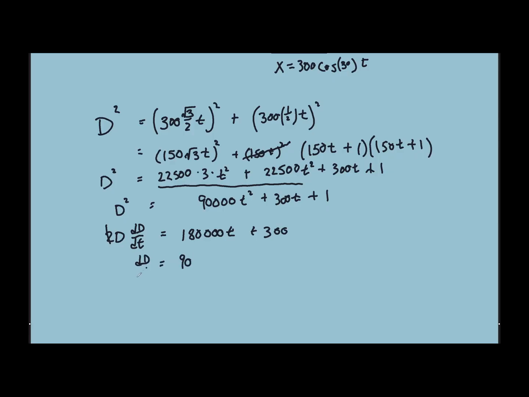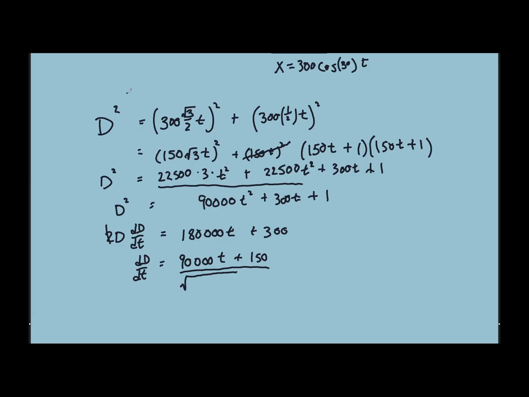dd dt, I'll just write it here, is 90,000 t plus 150 divided by the square root of x squared plus y squared. And what is x and y?